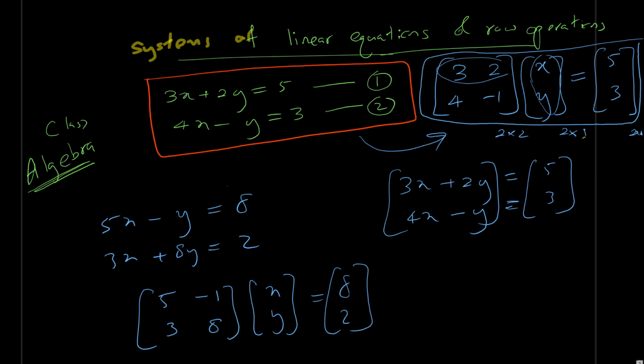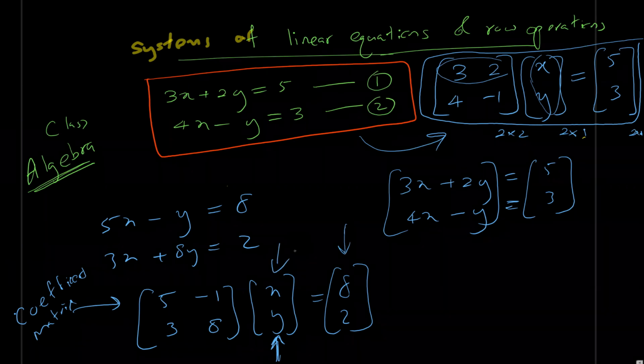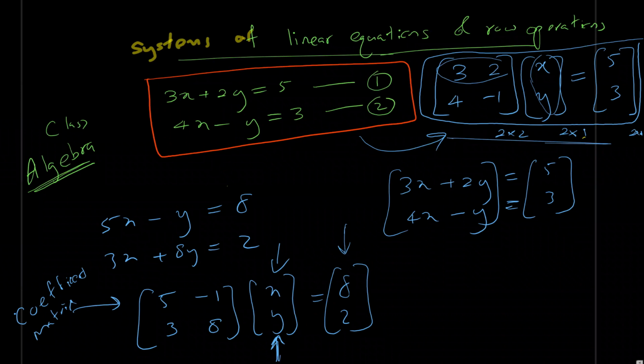You just keep writing. The first one we call the coefficient matrix. This one is the variables, the unknowns, and this one is the right hand side column matrix. Again, this one is also a column matrix. Now let's take this and solve it.